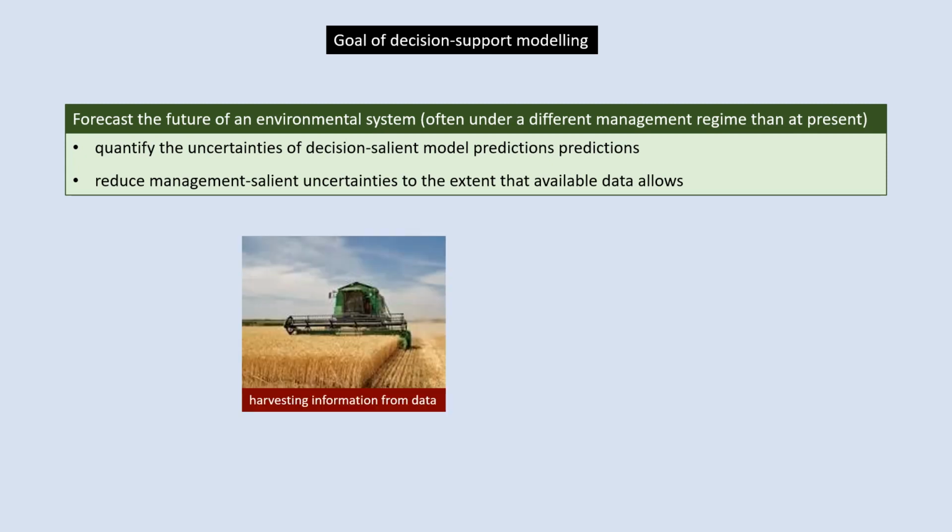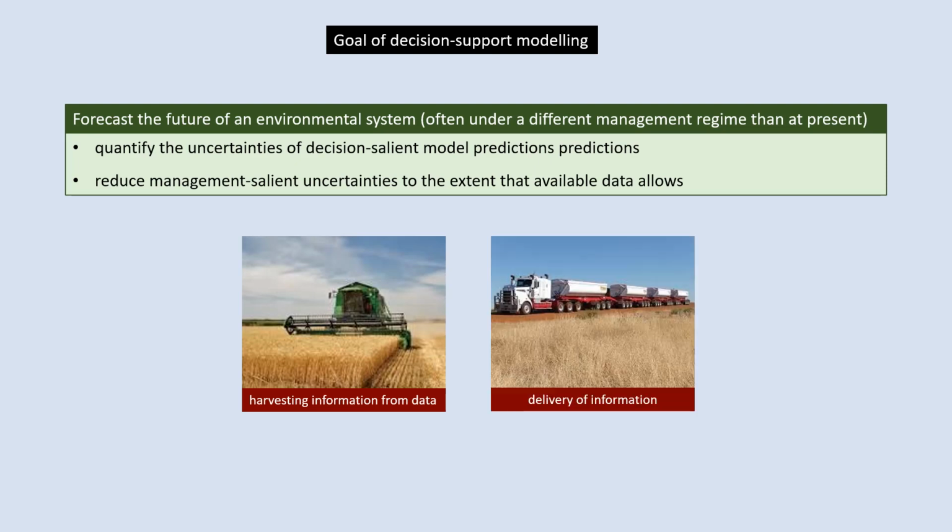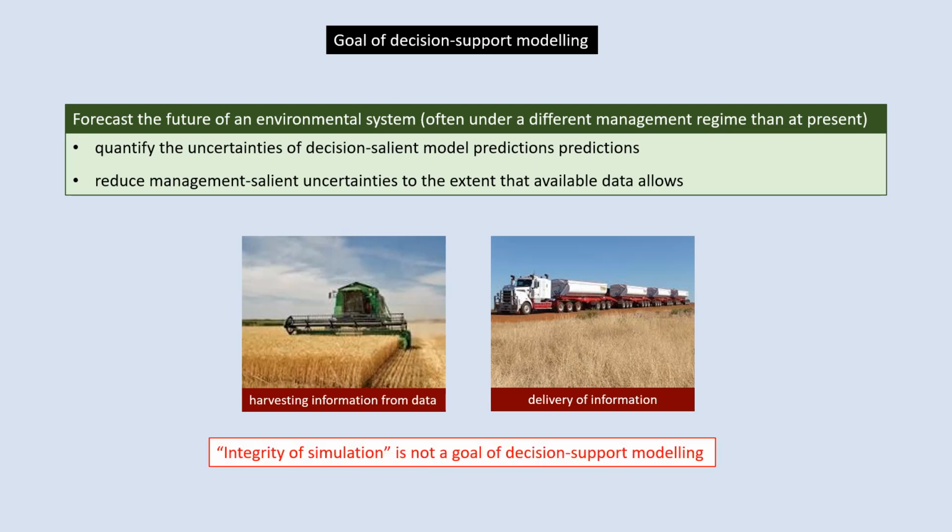Put together, our task in doing decision support modeling is to harvest information from wherever we can find it and to deliver it to where information is needed in order for someone to make a decision. Some look at decision support modeling as trying to achieve a thing called integrity of simulation.